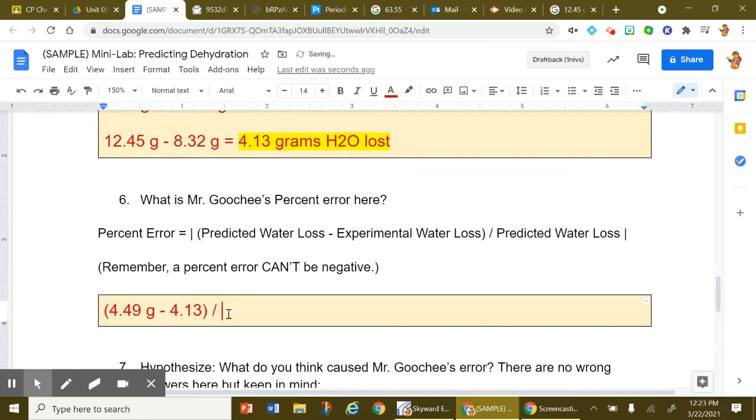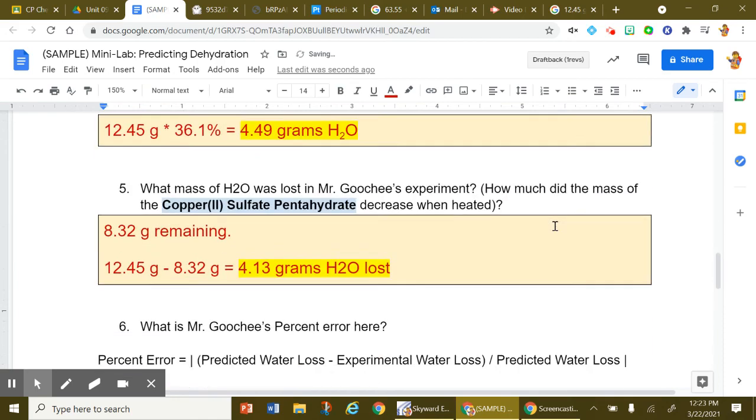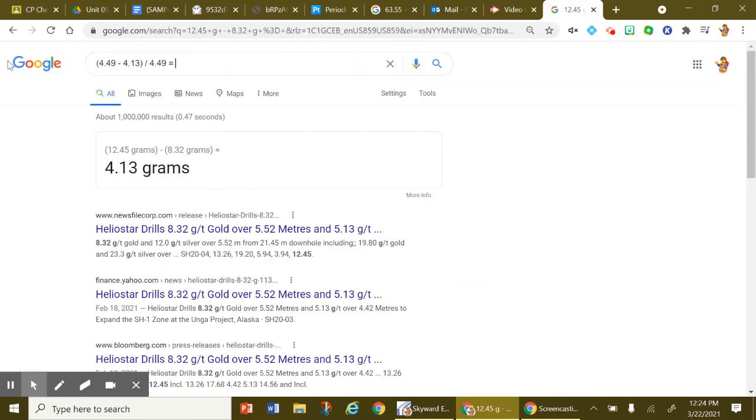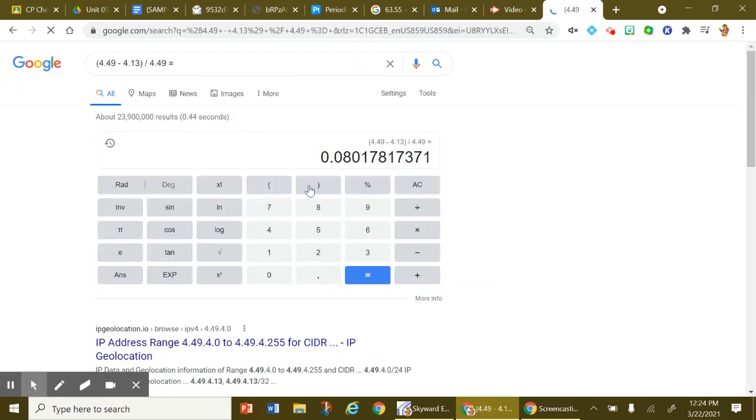And I divide that by what I predicted, and what we predicted was 4.49. So what does that equal? Let's see. Again, if you type it down, you can just paste it into Google. Google becomes your calculator. So 0.080.